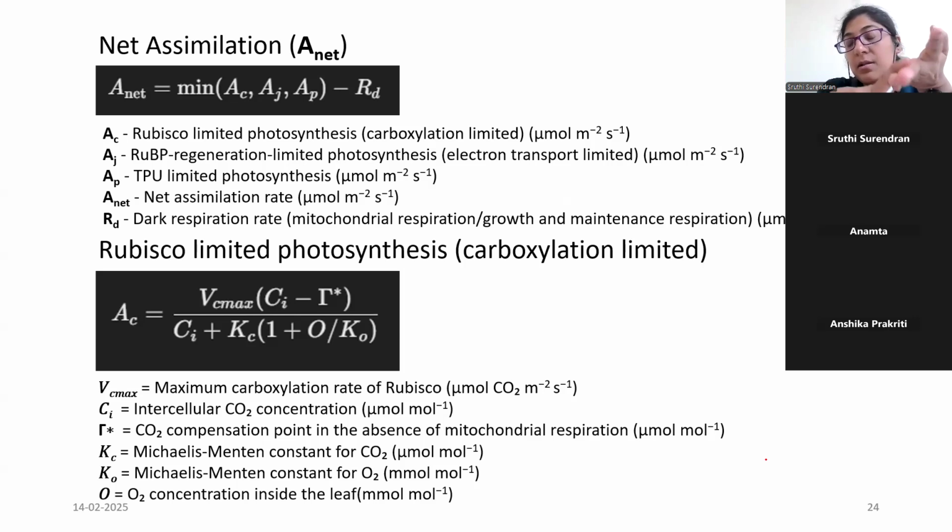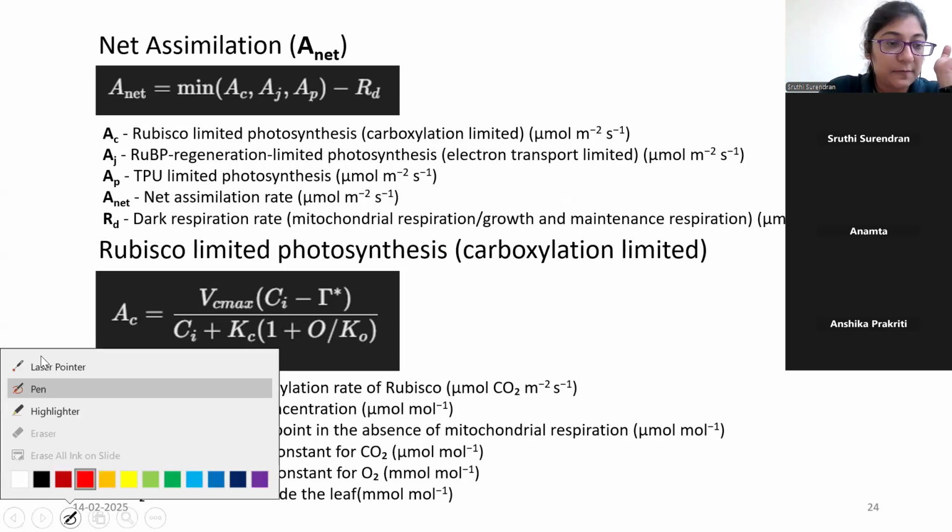What parameter is used for defining TPU utilization? What parameter is used for the light compensation point, for the maximum rate of photosynthesis, for light use efficiency? What are the terms that are used, or how are we going to get those values in order to obtain the net photosynthetic rate of a leaf?